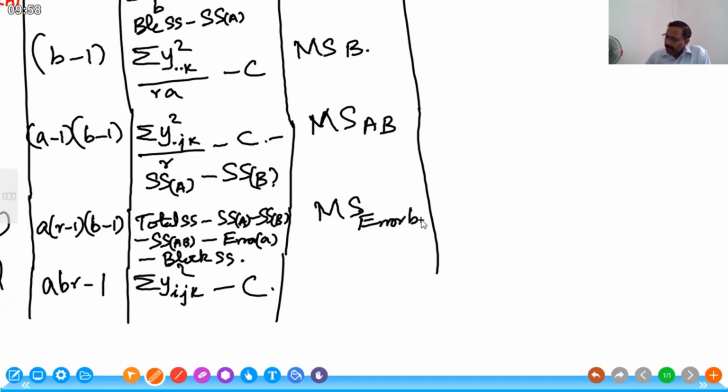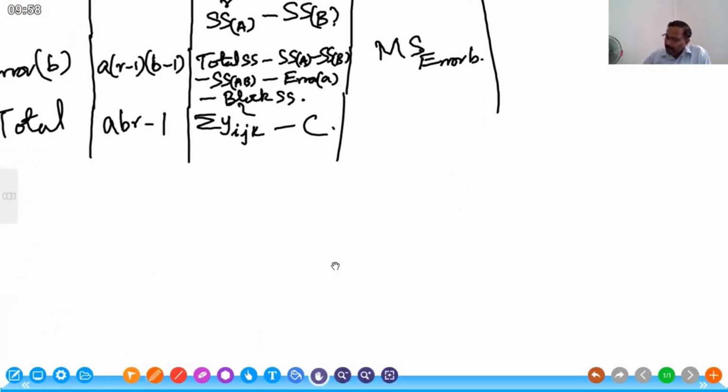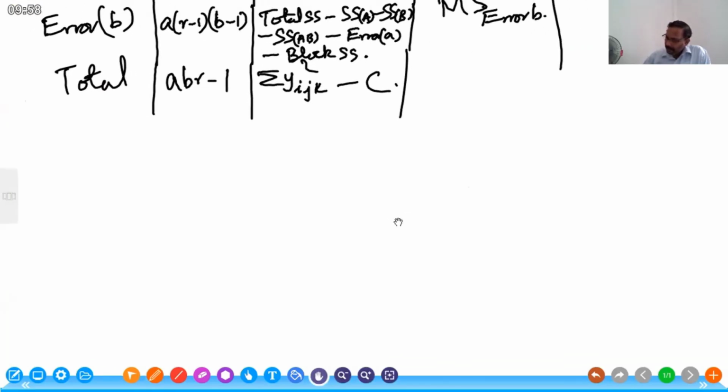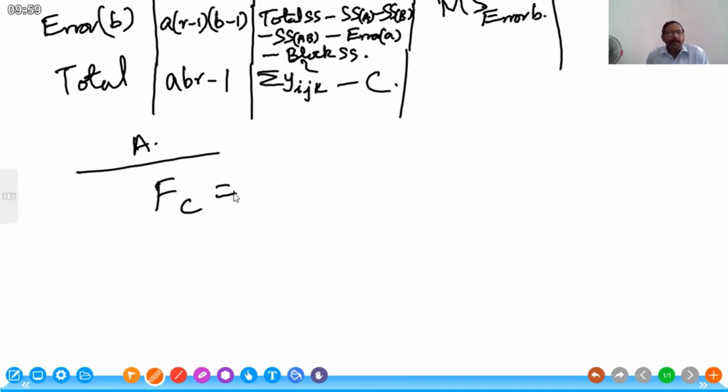Can you tell me, if I want to test all these components, let's say if I want to test A, the main effect of A, what is the mean square that I will use as numerator and the denominator?